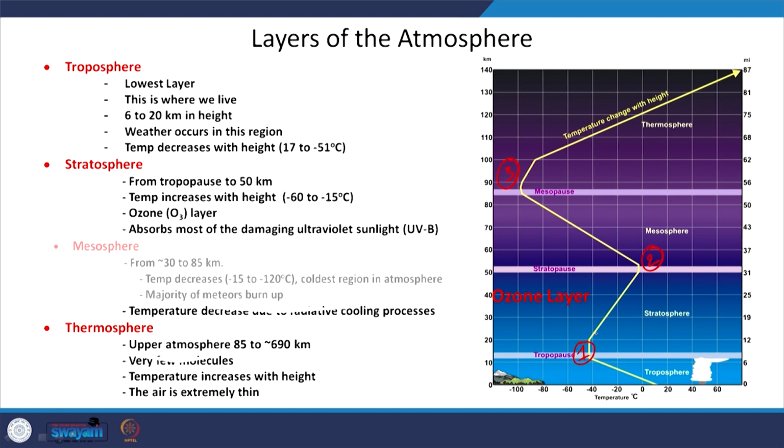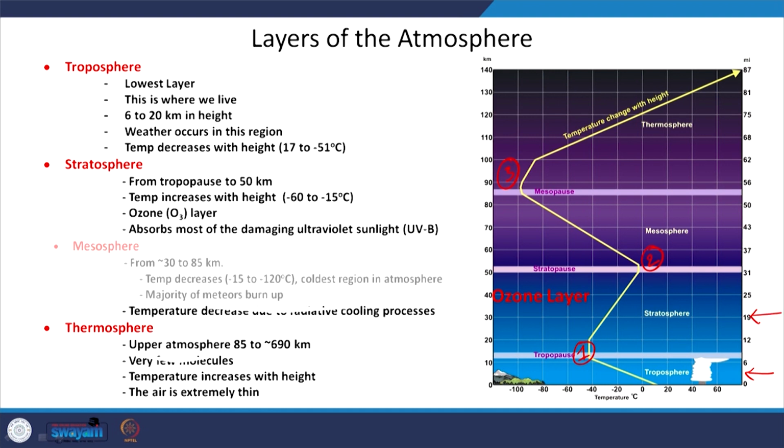To begin with, the bottommost layer is called the troposphere. Uniquely, this troposphere has a behavior wherein the temperature decreases with respect to height. Then, starting from the top of the troposphere, which is called the tropopause, the layer above the tropopause is called the stratosphere.